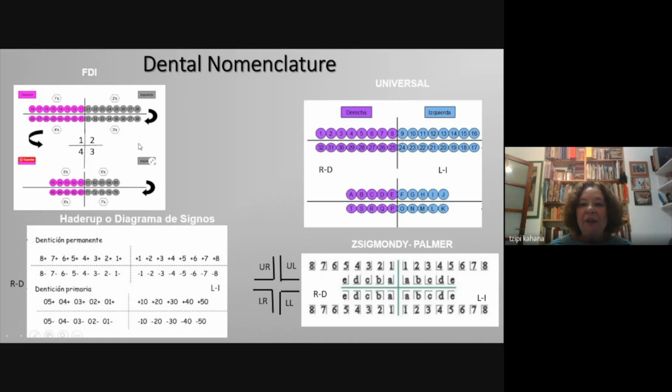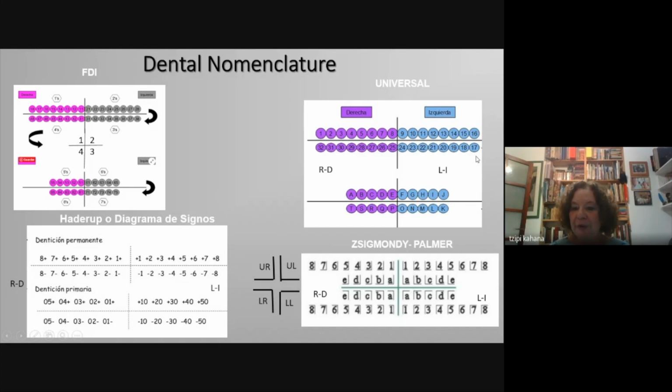The problem is that not everybody uses this system. For instance, in the United States, they utilize something called the universal system. Although it's called universal, only the United States uses it. They go from the upper right, that will be tooth number 1, then number 2, etc., until they reach the upper left central incisor, number 8, and then we move on 9, 10, and 16.